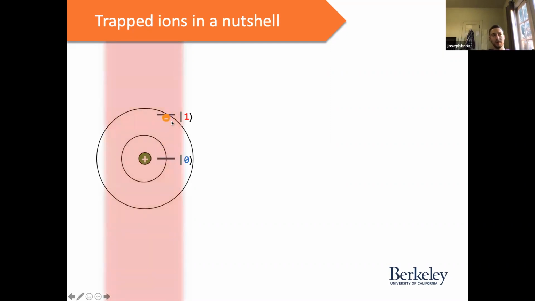It has a very high Q. This is basically how I can take a 0 to a 1 or anything in between. So I can create that state that you saw earlier, the square root of 1 minus p, 0 plus the square root of p times e to the i phi, 1. I can choose any arbitrary parameters that I want and initialize the system just using a laser shone on the ion like this.